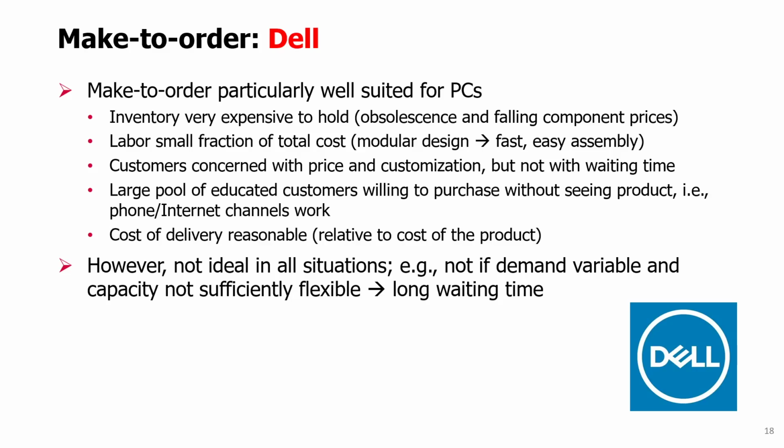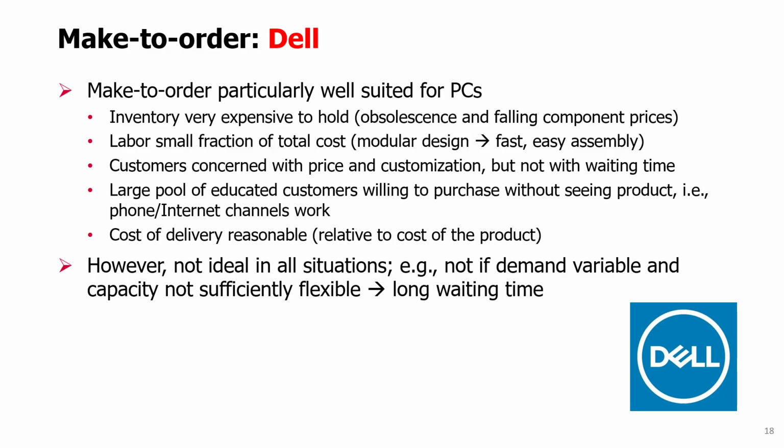A successful example of a make-to-order system is Dell. Dell is a company that makes PCs and other products, and some of those products, originally all, but now some of those products, are made in a make-to-order fashion. And it shows how this make-to-order approach is particularly well suited for PCs.